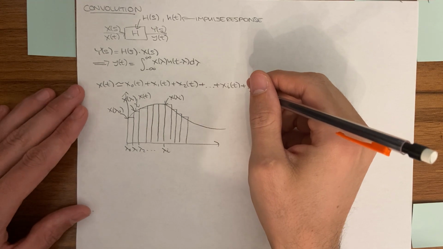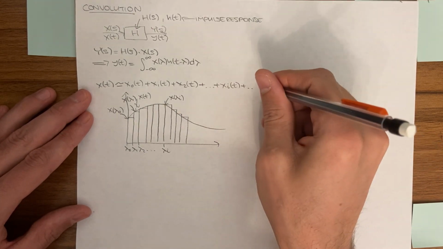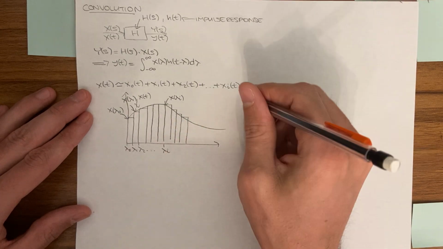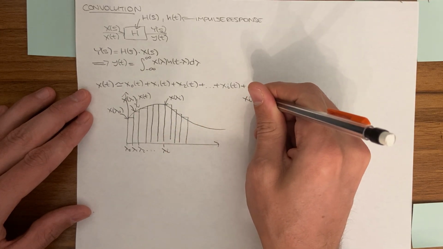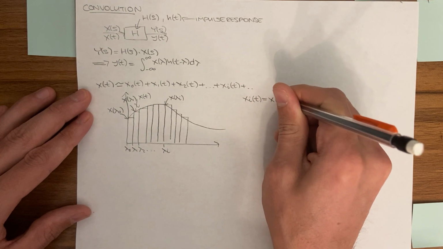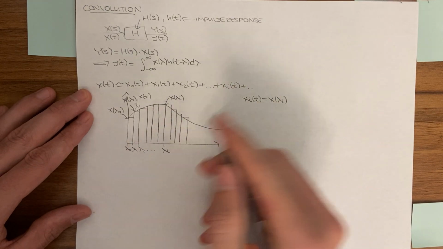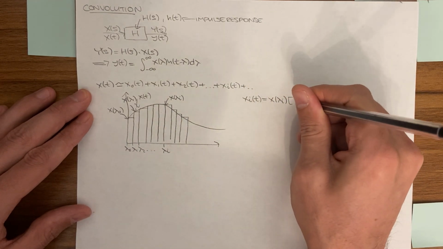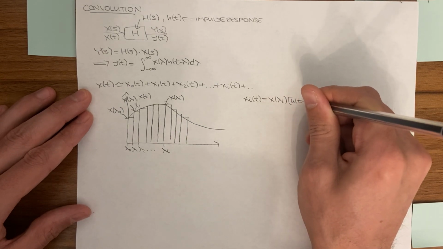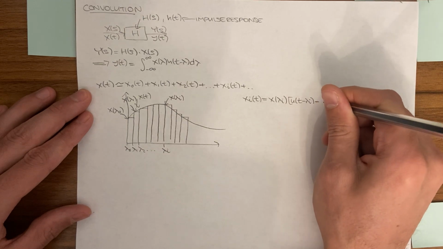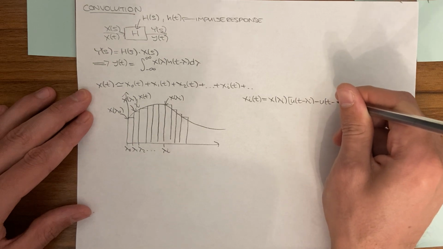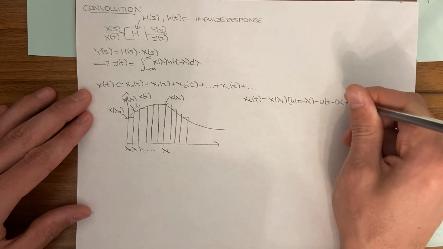So for each i, in a generic form, for each rectangle, we can say xi(t) is equal to x(lambda i), the height on the left-hand side, multiplied by essentially just shifted step functions, just like we did earlier in the semester.